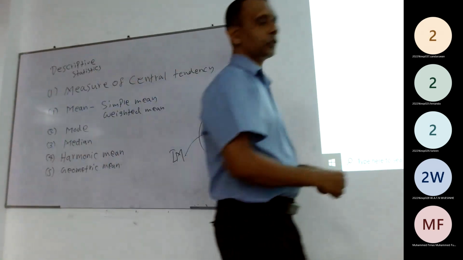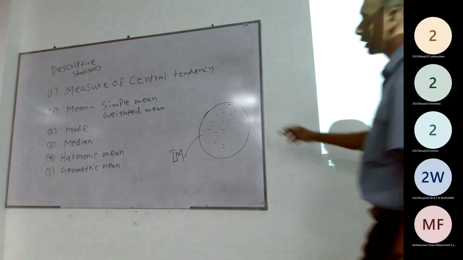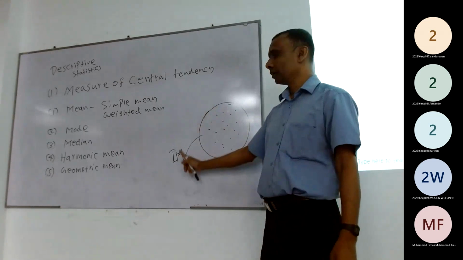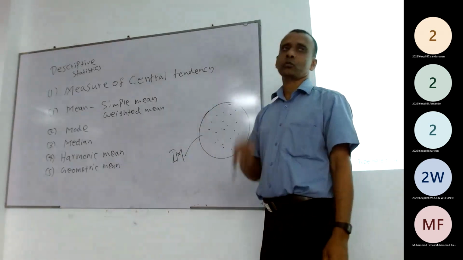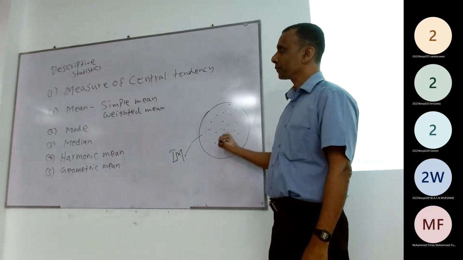If you calculate these values, you understand measures of central tendency, individual measurements to represent the entire data set. Then you can take better decisions.